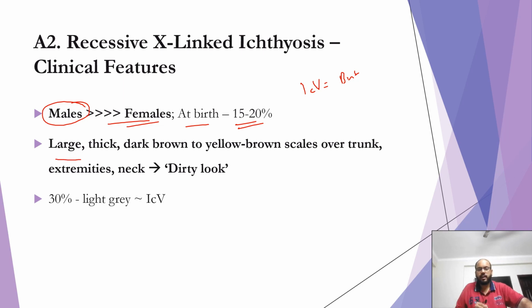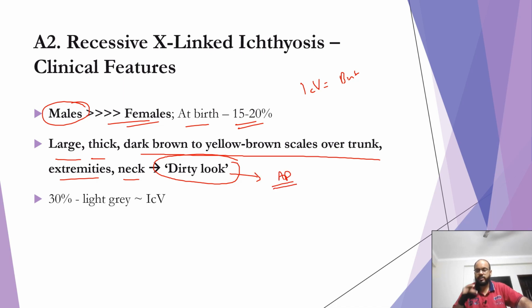Now, here the scales are large, thick, dark brown to yellow brown scales over the trunk, extremities and neck, and the neck has a dirty look. The same dirty look that you also see in atopic dermatitis, the dirty neck of atopy, but the dirty look is because of the thickening of the skin with retention of the scales. 30% of cases can have light gray scaling, similar to what we see in ichthyosis vulgaris.